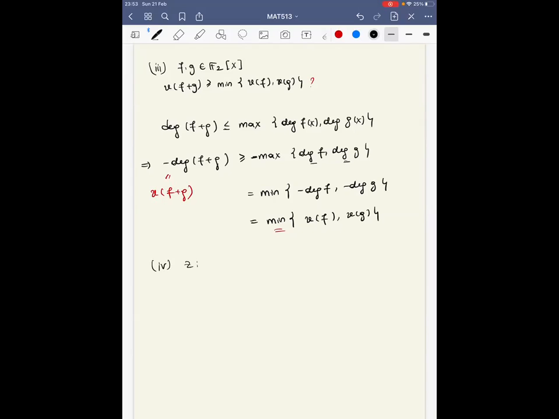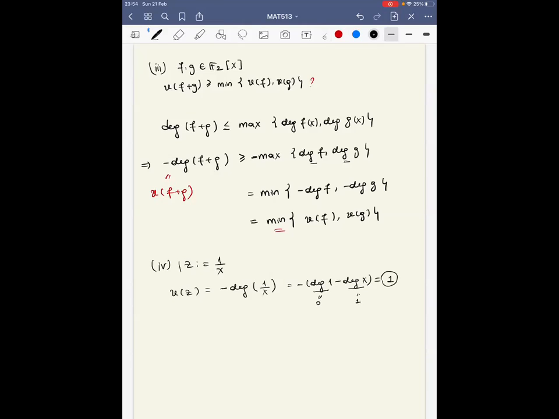And if we consider 1 over x, we can check that the valuation of z, by the definition, is minus degree of 1 over x. This is minus degree 1 minus degree x, degree of a constant is 0, and degree of x is 1.